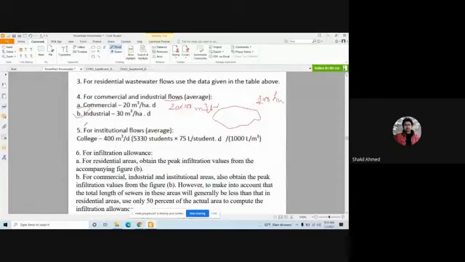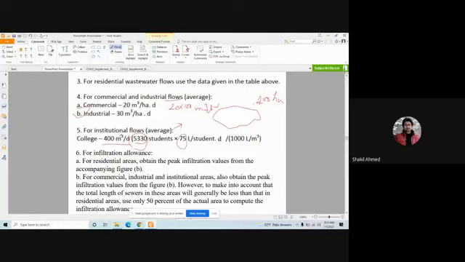Now for institutional flow, what is an institution, guys? An institution is a school, college. This is 400 meter cube per day. How? There are 5,330 students. One student generates 75 liter per day.